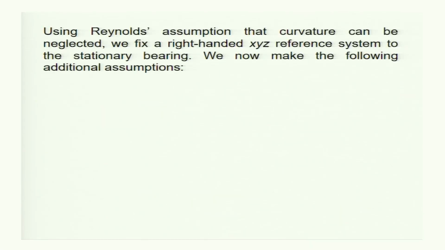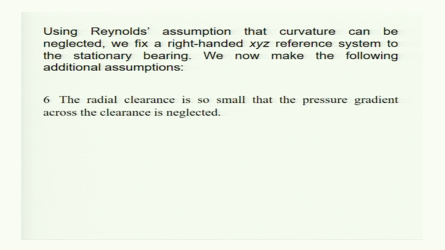Using Reynolds' assumption that curvature can be neglected, we fix a right-handed XYZ reference system to the stationary bearing. We now make the following additional assumptions. The radial clearance is so small that the pressure gradient across the clearance is neglected. That means the pressure gradient will be only in the circumferential direction and in the axial direction.